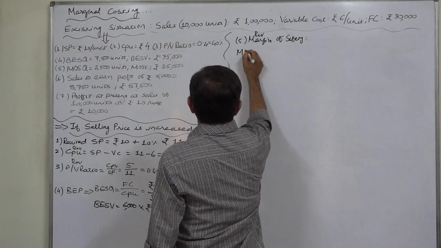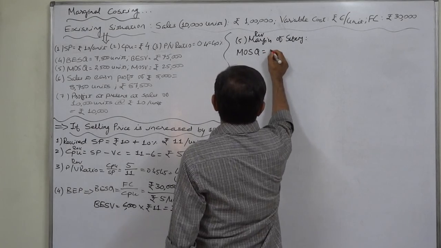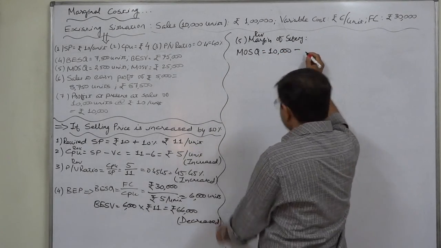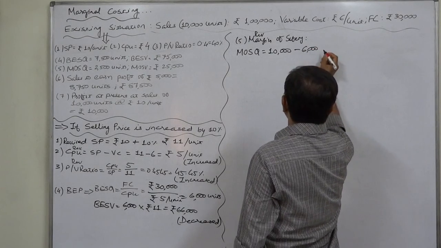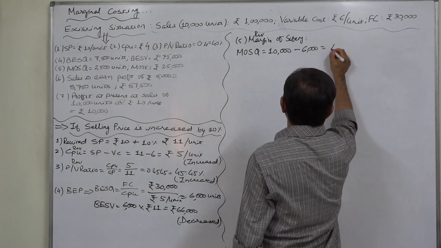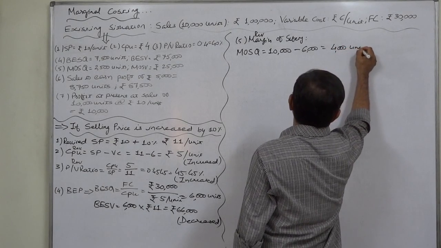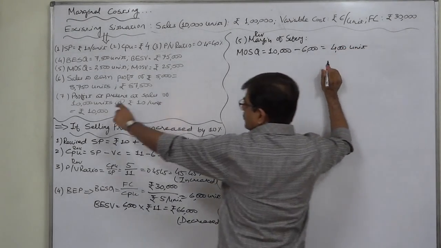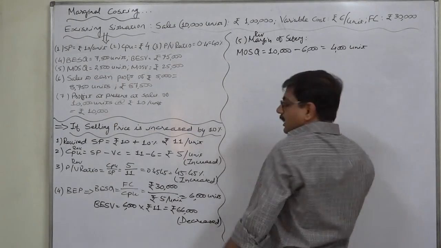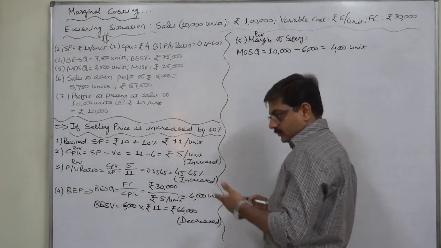Now what will happen with the margin of safety? The revised margin of safety quantity will be 10,000 units, the actual sales we are making, minus the break-even point, which is now 6,000. So it comes to 4,000 units, against 2,500 units under the existing situation. A great jump in margin of safety.